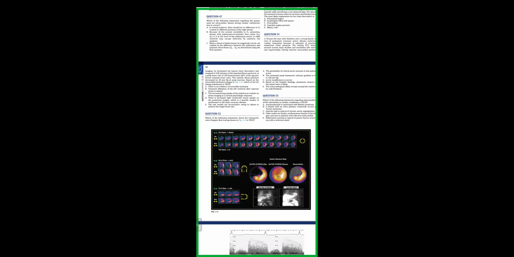B, because of the normal variability in oxygen saturation, shunts with pulmonary to systemic flow ratio, QP to QS, less than 1.3 at the level of the pulmonary artery or right ventricle may escape detection by oximetry run analysis. C, when shunt is bidirectional, its magnitude can be calculated as the difference between the pulmonary and the systemic blood flow as determined using the Fick's equation.